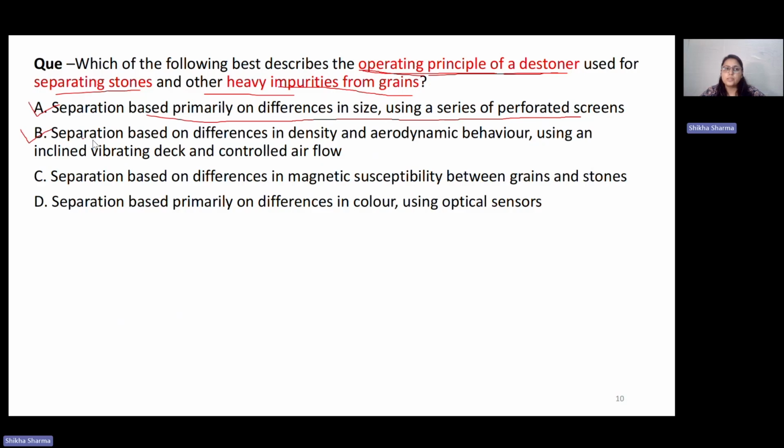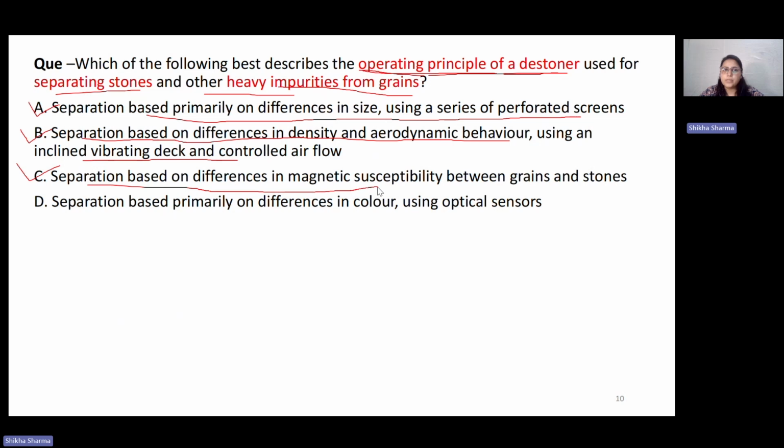B is separation based on differences in densities and aerodynamic behavior using an inclined vibrating deck and controlled air flow.